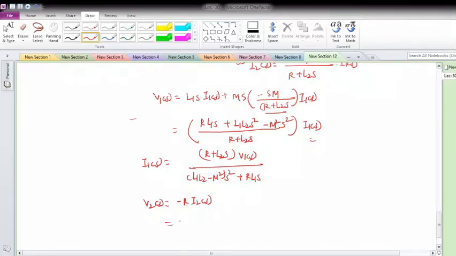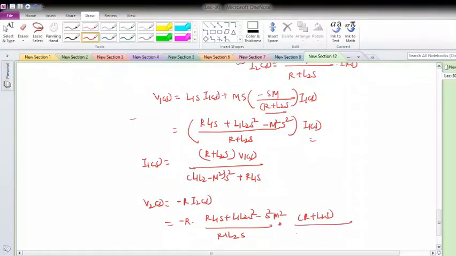So I substitute R plus L2 s over L1 L2 minus M square s square plus R L1 s into V1 of s.